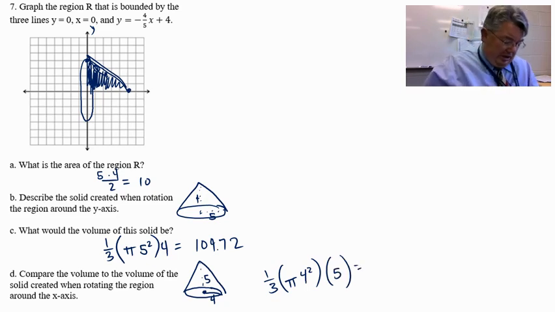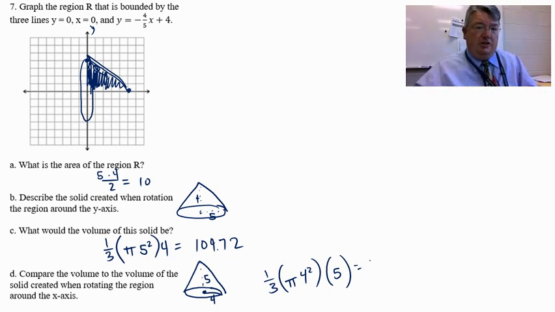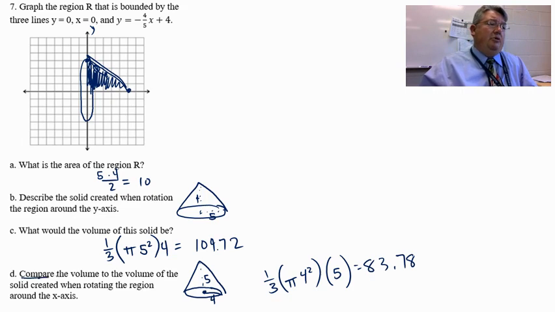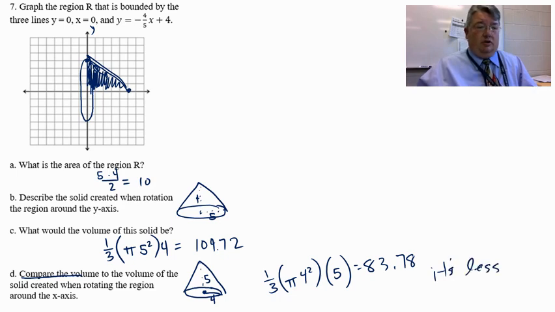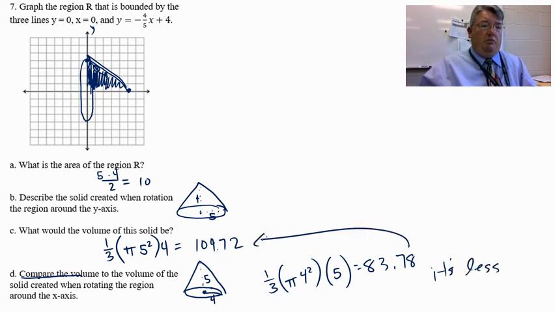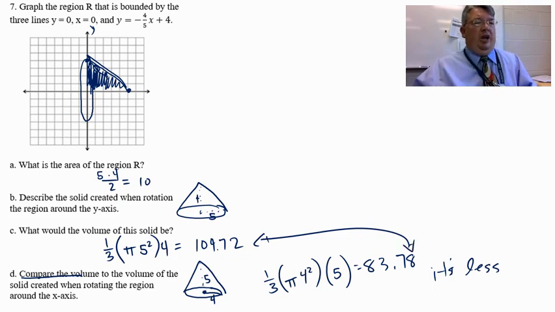If I type that in my calculator, 1/3 times pi times 4 squared times 5, that gets me 83.77. And if I'm comparing, I just say it's less. And I prove it by showing my work. Okay. Different cones, different volumes.